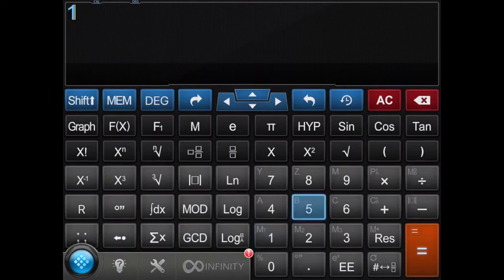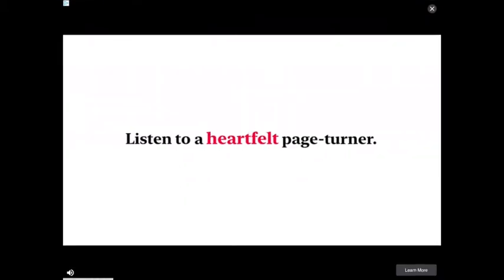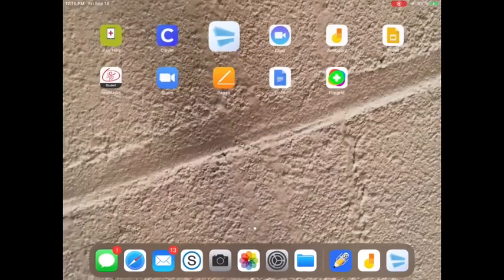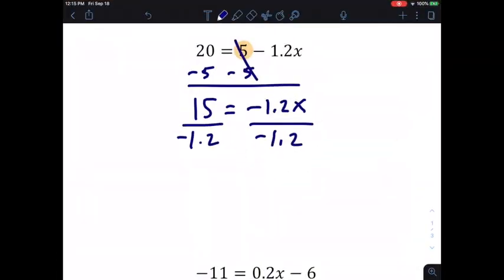So I'm going to do 15 divided by negative 1.2, and it says negative 12.5. Okay, if we go back to Notability, it was negative 12.5. So there we go.